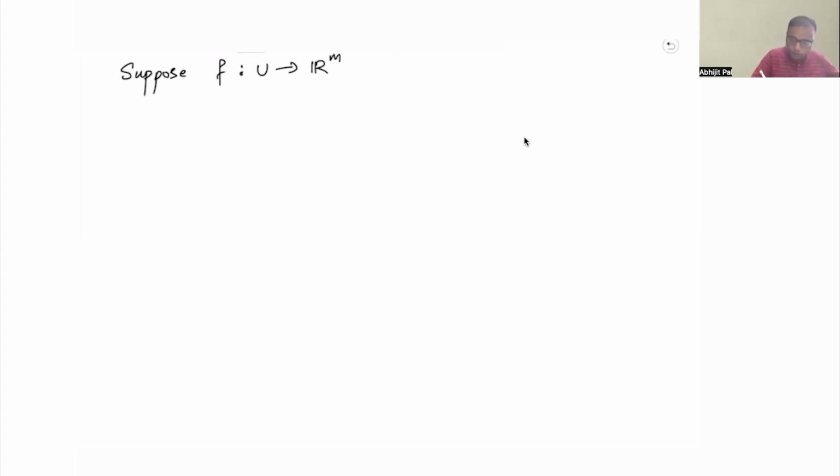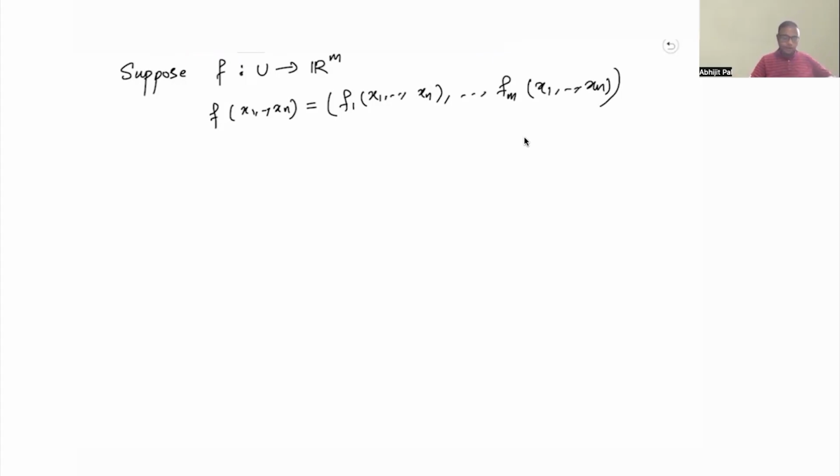So f of any point, let us take x1, x2, ..., xn, will be like this: f1(x1, ..., xn), ..., fm(x1, ..., xn). This function is described like this.